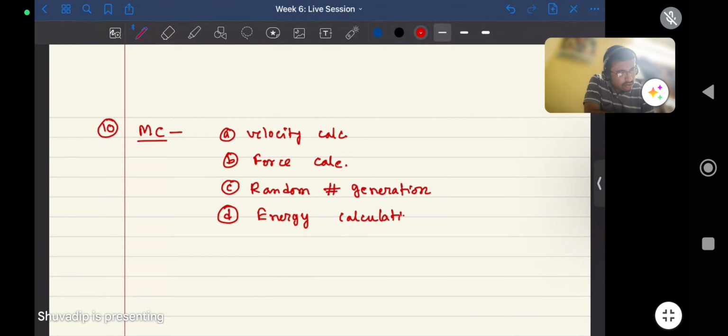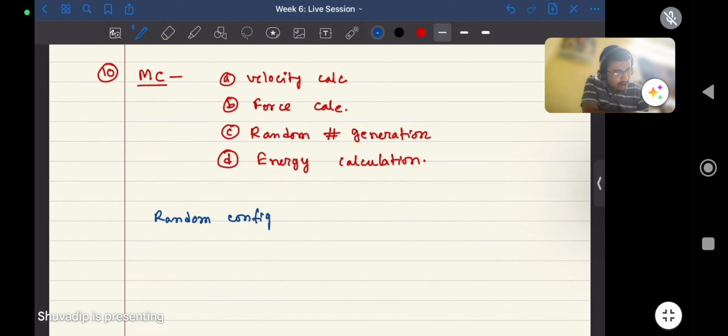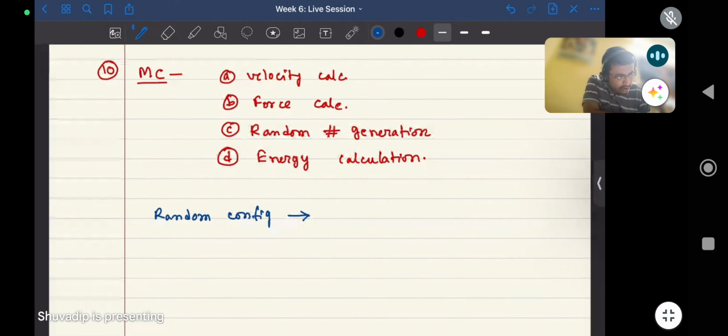Energy calculation. Now, we are talking about Monte Carlo, MC, so let us discuss the steps once more. You will start with a random configuration. You do a random move, then we calculate delta E. Now if delta E is less than 0, accept.